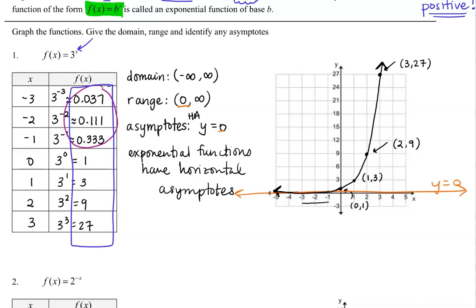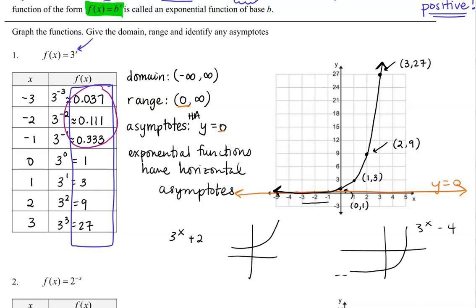Note that if the function had been shifted up or down, it would change the function's horizontal asymptote, and it would also change the function's range.